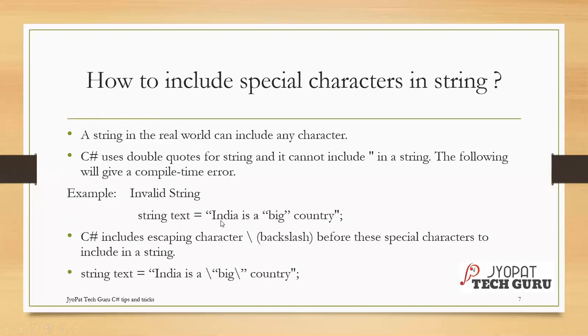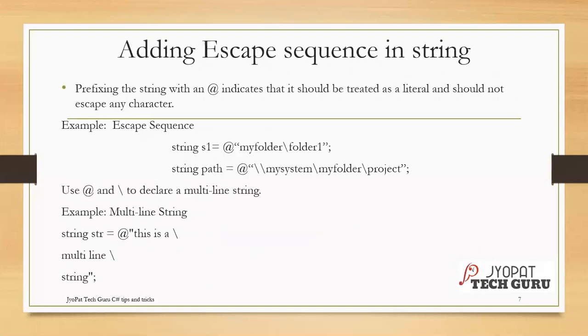If I give "India is a "big" country", it is going to show me an error. C# includes escape characters like the backslash before these special characters to include them in a string. So if you give backslash double quotes, it will be displayed as a normal string with the double quotes.